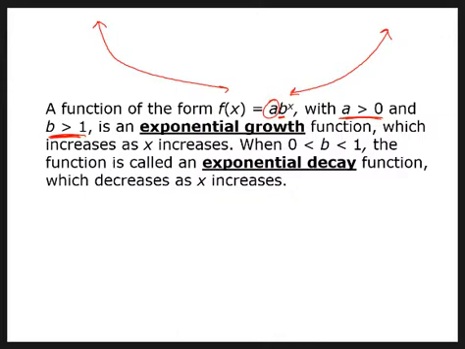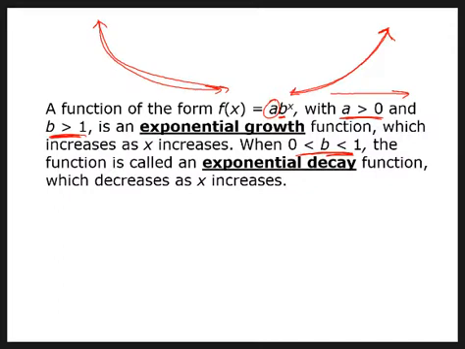Basically the function is going to increase, like I have over here on the right, as we move this way on the x-axis. When b is between 0 and 1, it's still going to be positive, but the function is going to be exponential decay instead. And that's going to be more an example of what we talked about on the left over here. As your x values increase, the function is going to decrease.